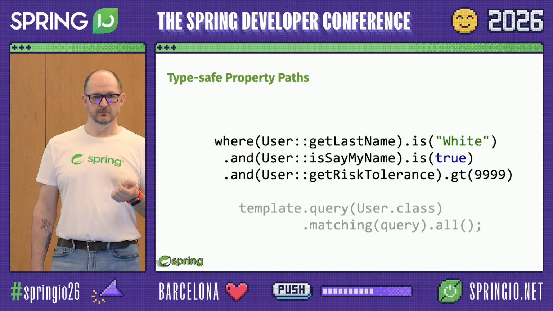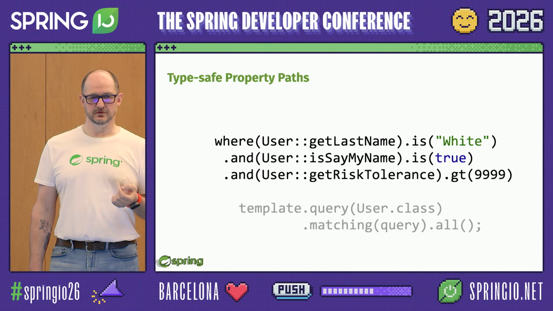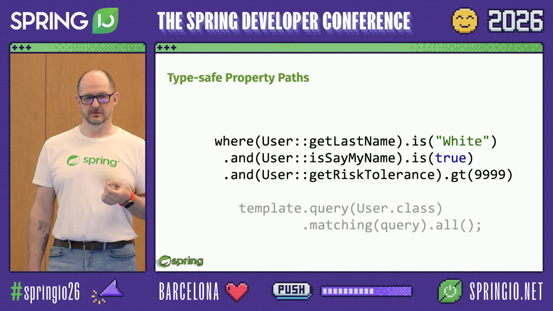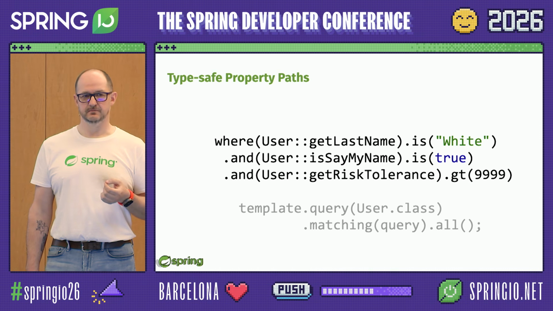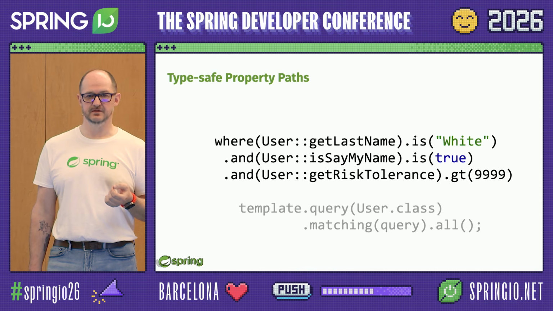And the way we approach stringly typed properties is by using method references, a functional style to express these things.